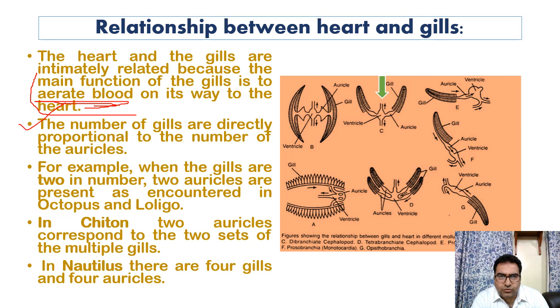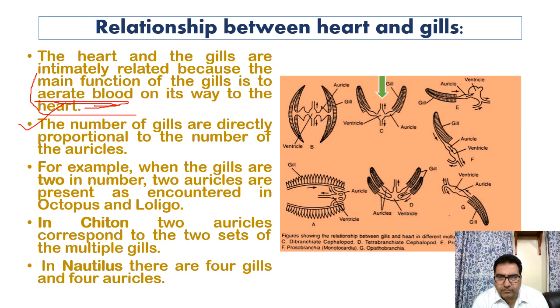So if the gills are two in number, then we have two auricles also present, as we find them in the case of octopus and Loligo.